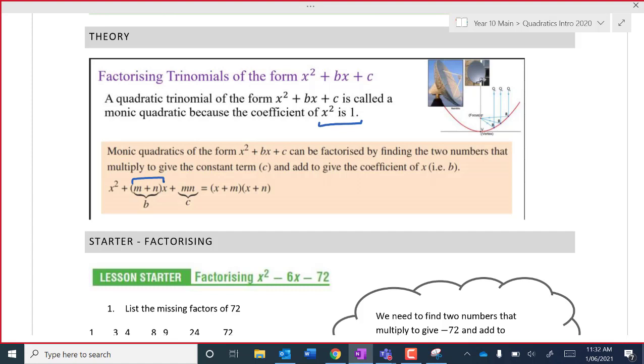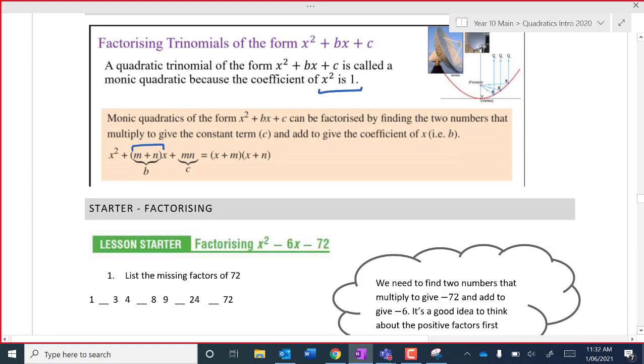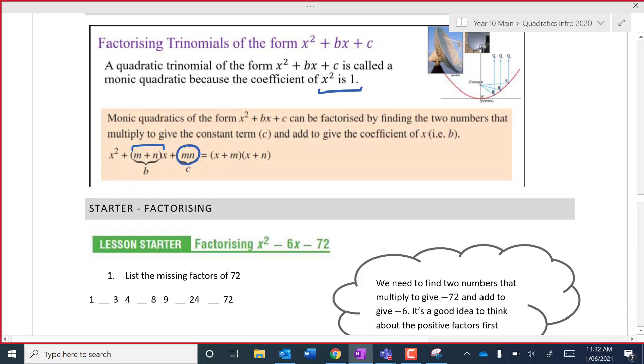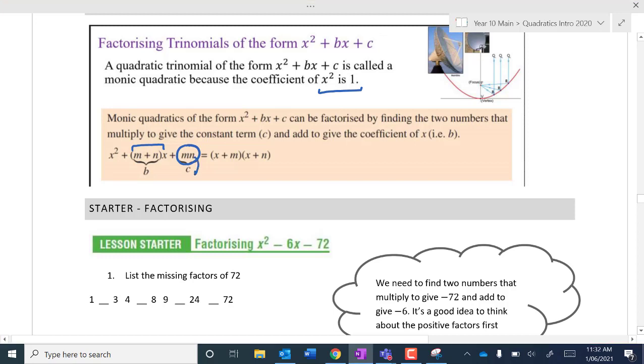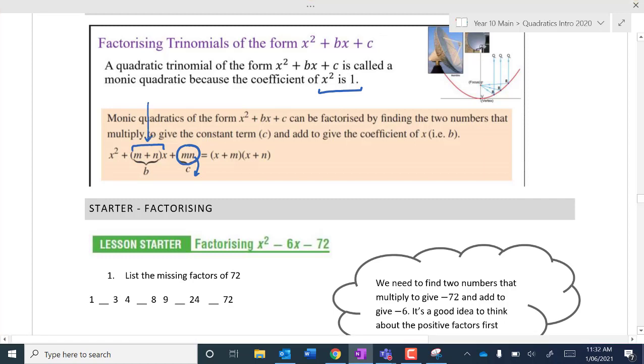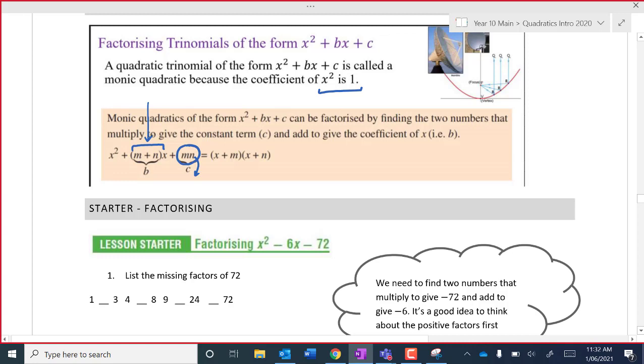I'll show you that in a second. But what we really need is, if I've got some quadratic in general, two numbers that multiply to give this constant term. They've said m and n here, and I need those same two numbers to add to give this middle term, the coefficient of x.